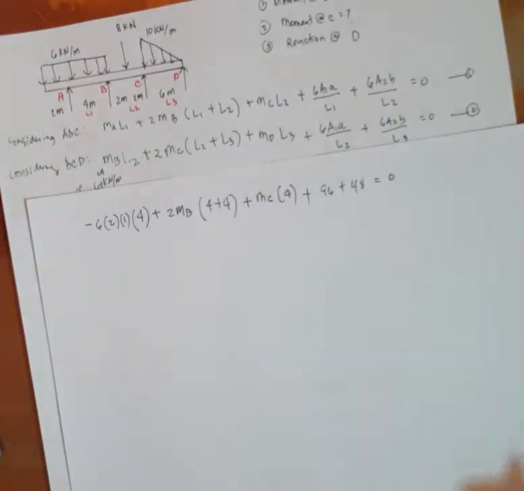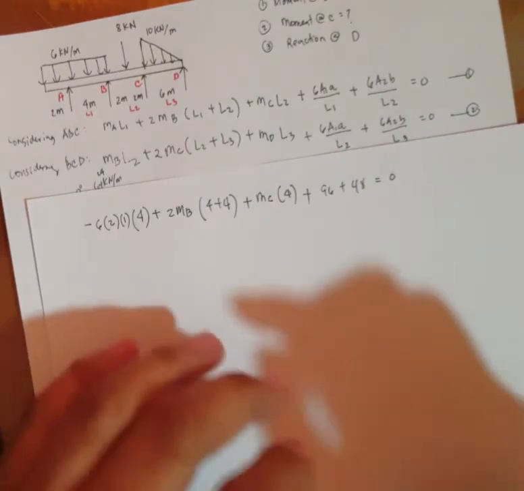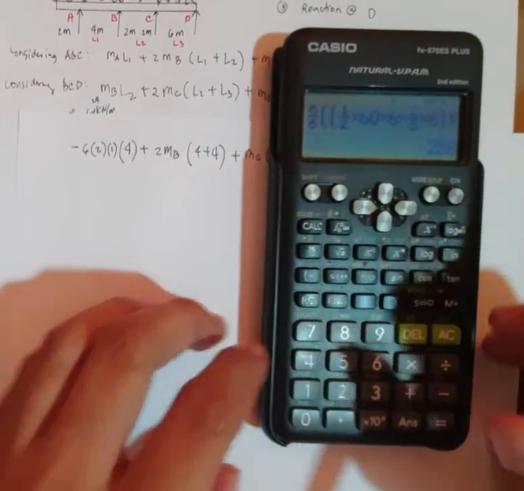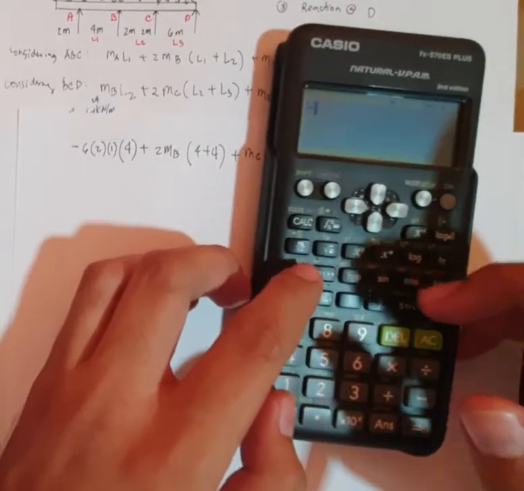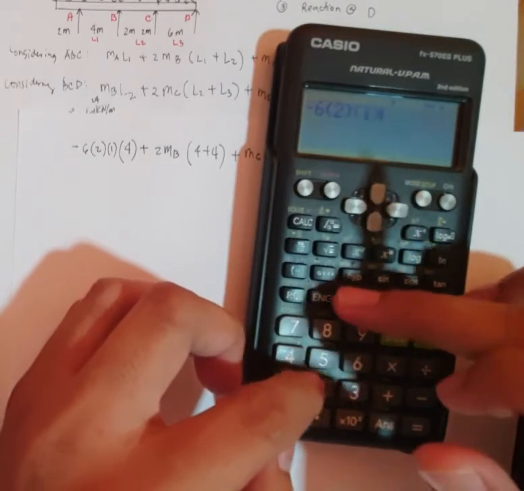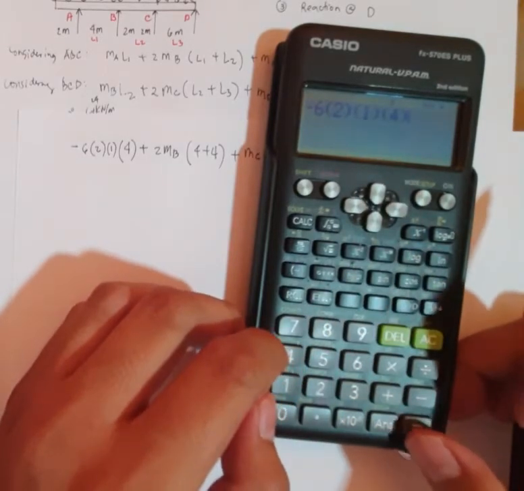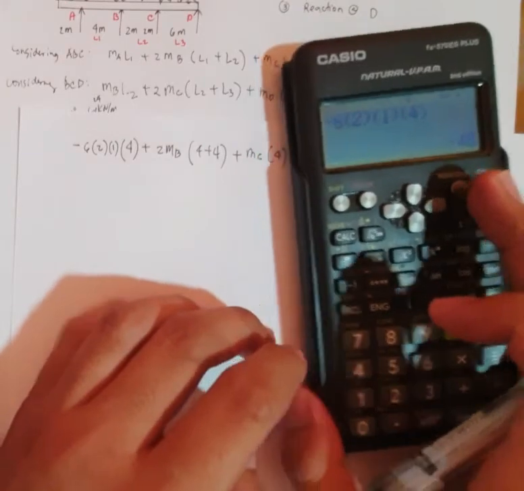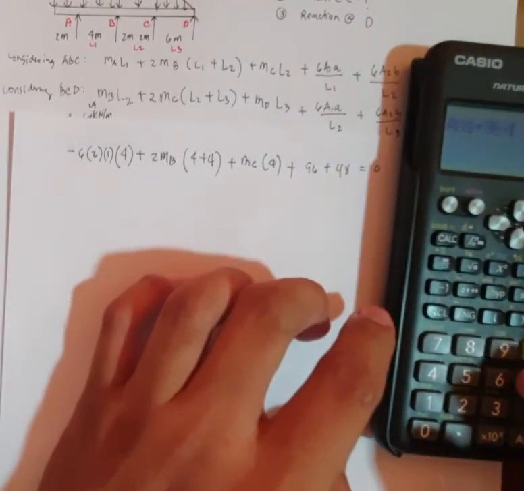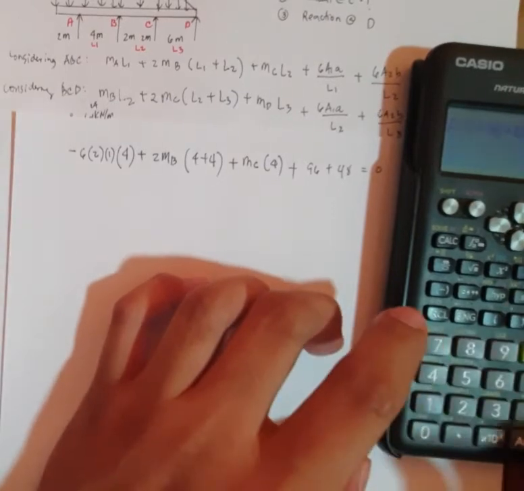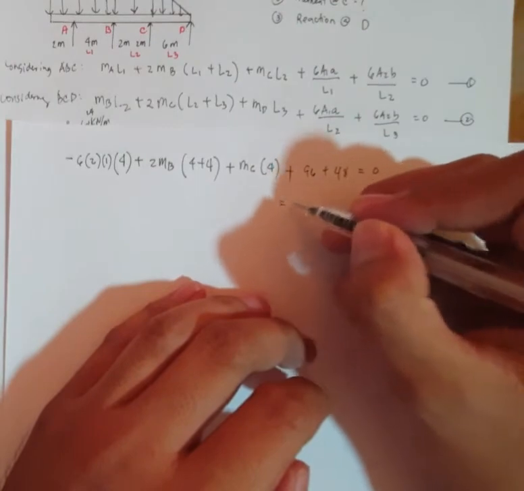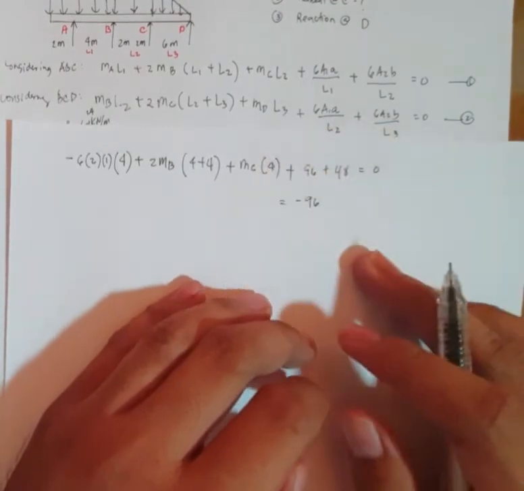equal to 0. Okay, so simplify 6 times 2 times 1 negative 48 plus 96 plus 48. So 96 gyapon. Ito yung gawas. Negative 96.